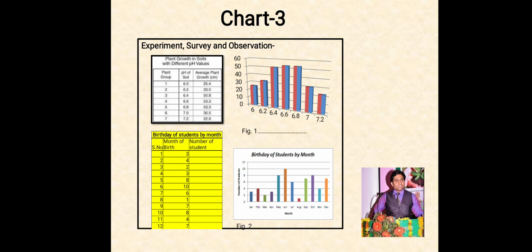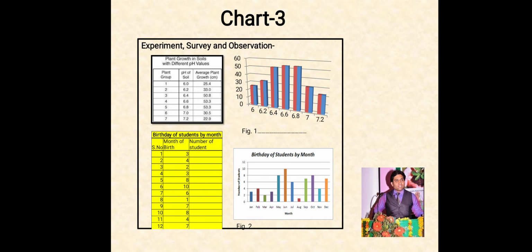On chart 3, draw tables and graphs and diagrams under the heading experiment, survey and observation. So what you have performed, whether experiment, survey or observation, you find out results, and these results are data for you.